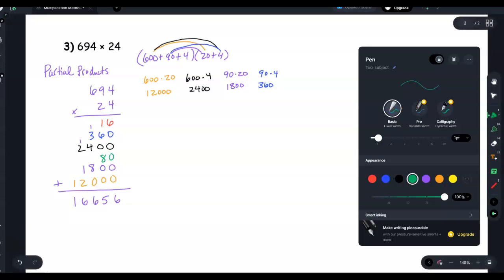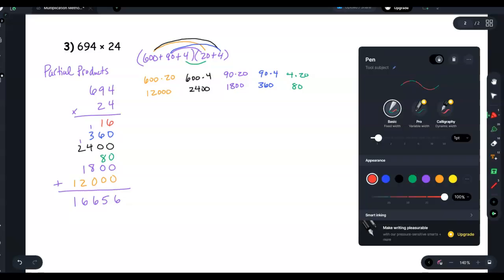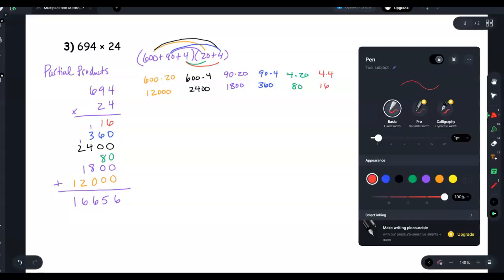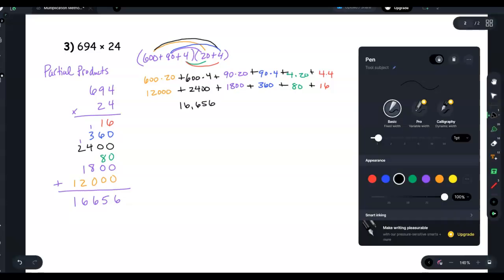So 4 times 20 is 80. And then 4 times 4. Getting the same numbers as I did with the vertical method. 16,656. I'm going to go ahead and show the lattice method next.